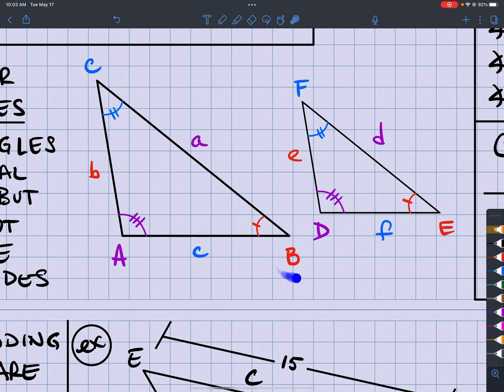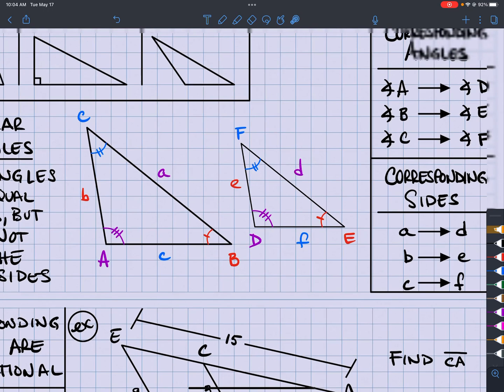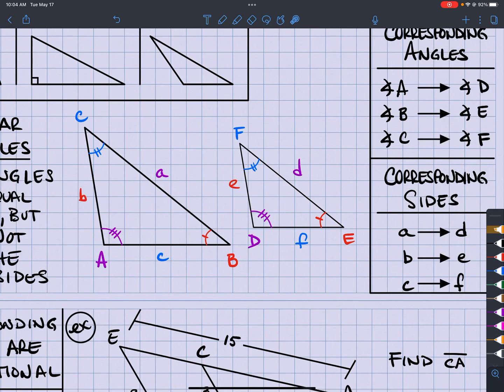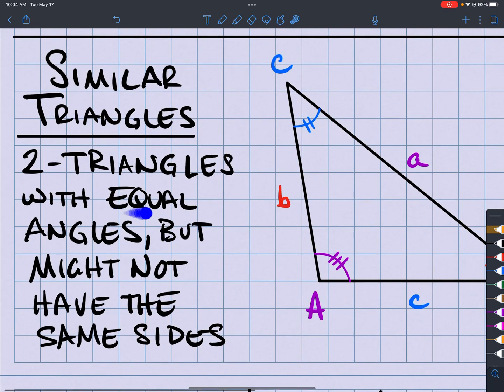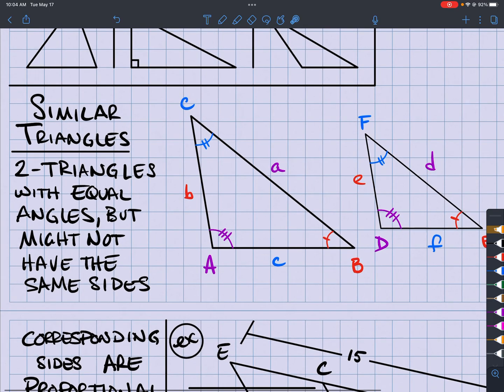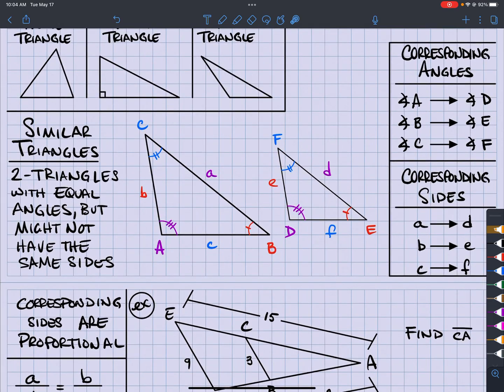For example, B and E are the same, so I put one slash through it. Then for C and F, I put two slashes through it. Then here I put three slashes through it. Again, it says equal angles, so the angles are all the same, just the sides might not be the same.